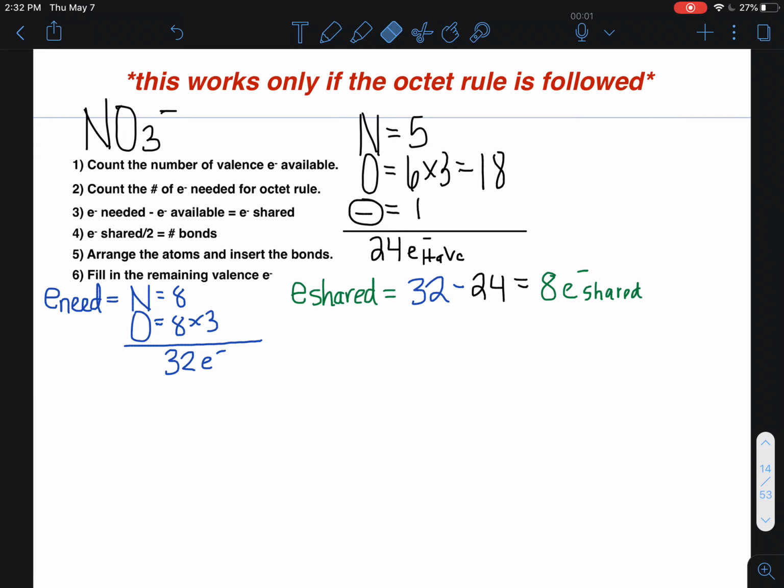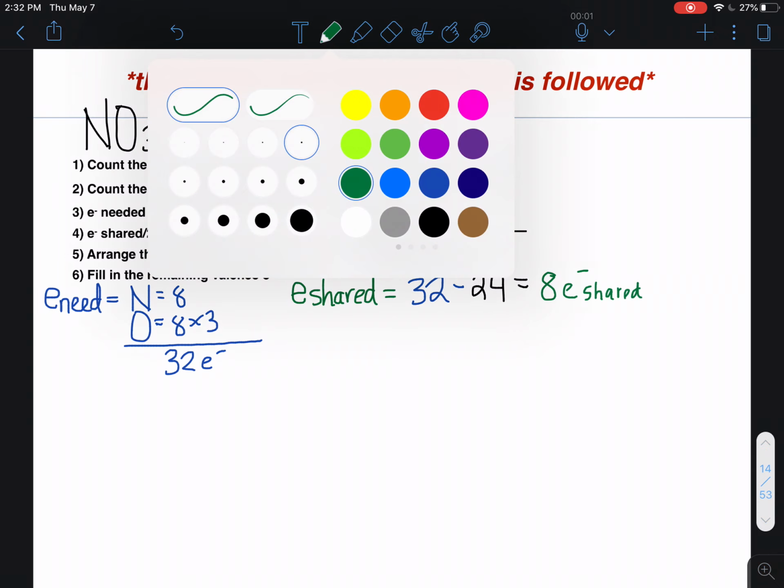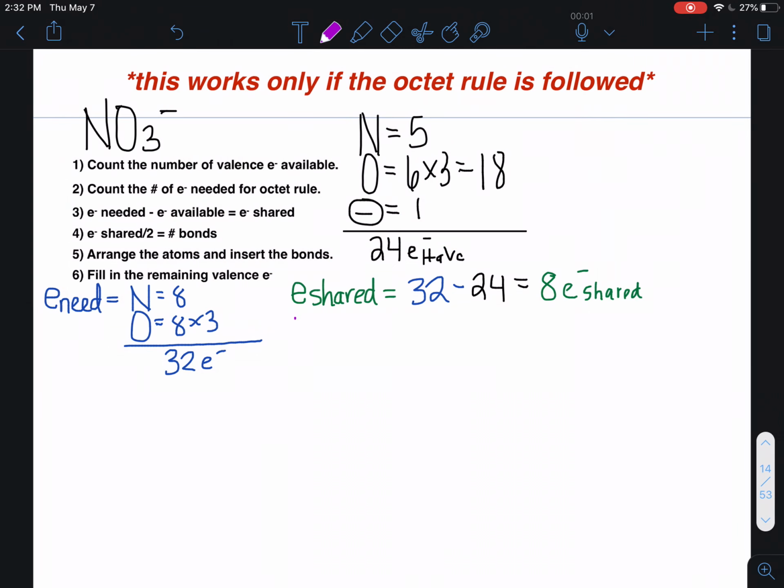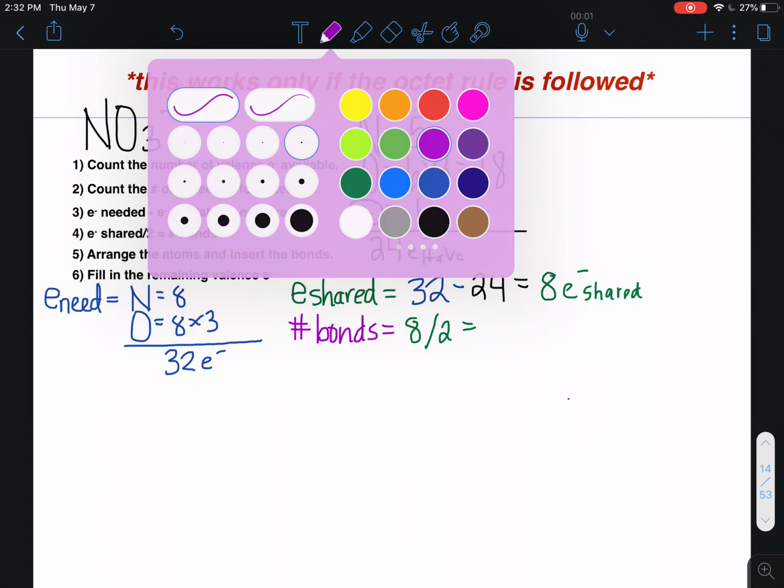All right, so now that we have E shared, we're going to figure out our number of bonds. So number of bonds is equal to, sorry, I want this color coding to be helpful to you. I hope that me switching back and forth isn't distracting. 8 divided by 2, so that's going to be equal to 4.